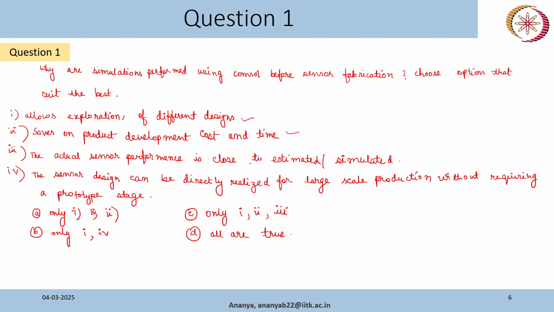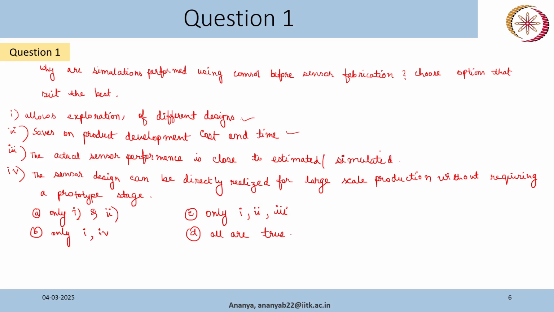And the actual sensor performance is close to estimated or simulated. We try to simulate our design in a way that it gives us a very close result, which we will actually get. So in COMSOL, selecting the particular boundary condition matters.